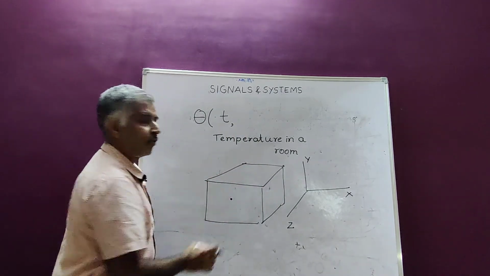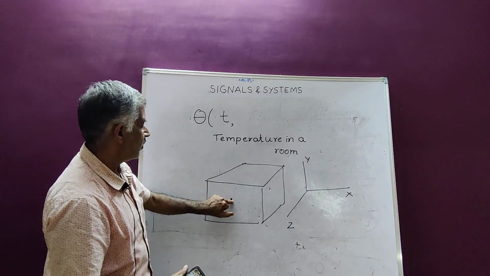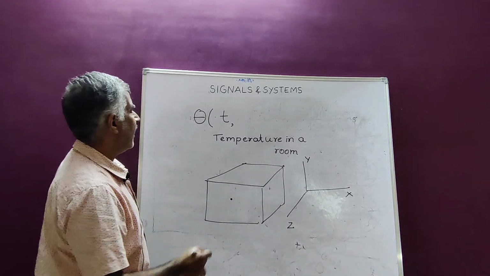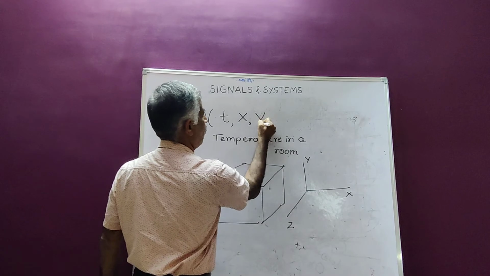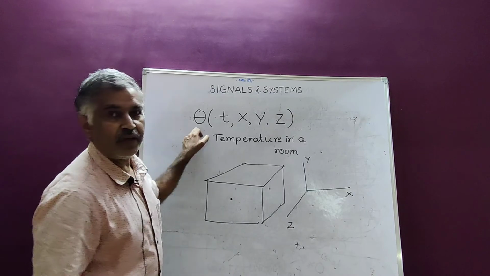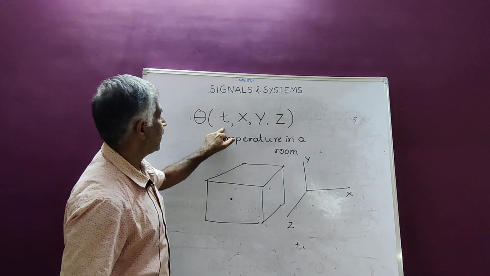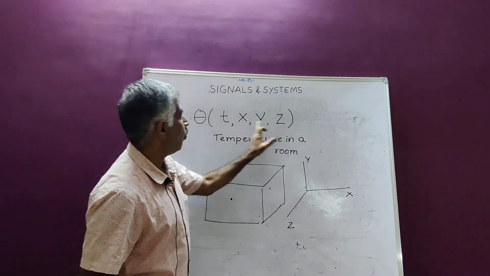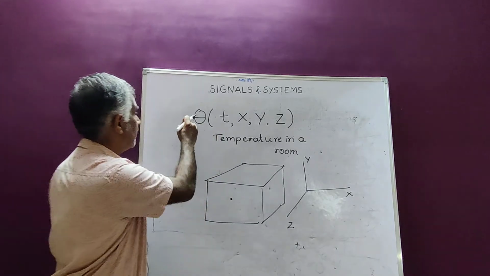Is the point near the roof, near the ground, or near the windows? So location is also very important. Then we say that temperature is a 4-variable signal: time and the x, y, z coordinates. So there are 4 independent variables.